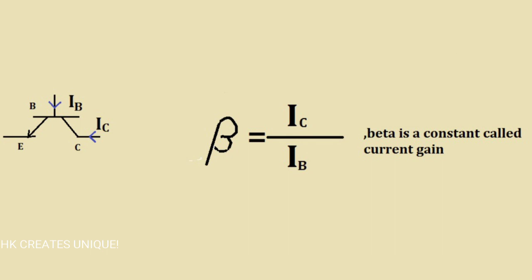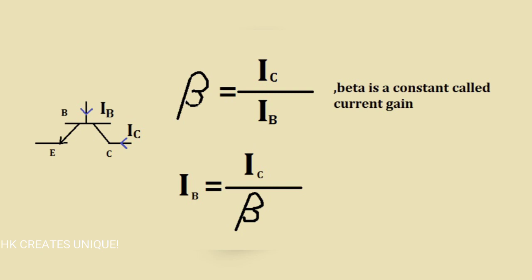A constant beta is equal to the ratio of collector current to the base current. This constant is also called current gain. Every transistor has a current gain. Rearranging the equation, we can actually find the value of required base current, where collector current is the current required by the load.